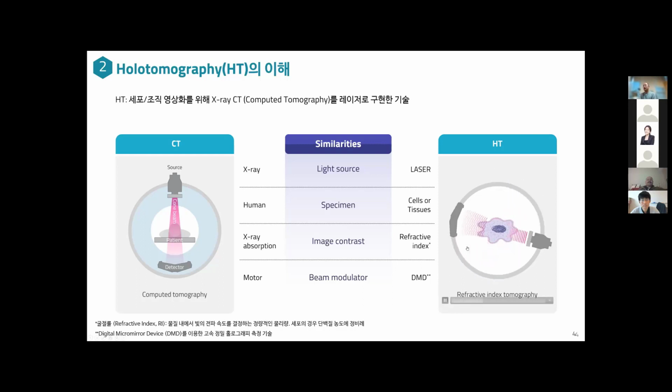And using holography or interferometric techniques, we measure hologram images as a function of various illumination angles.